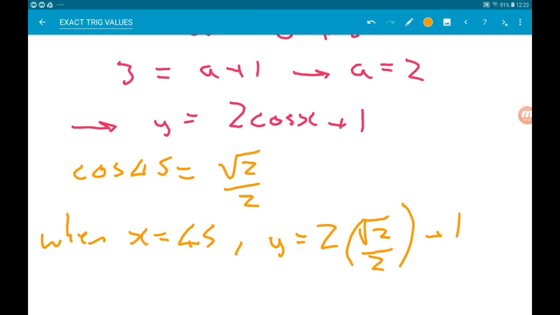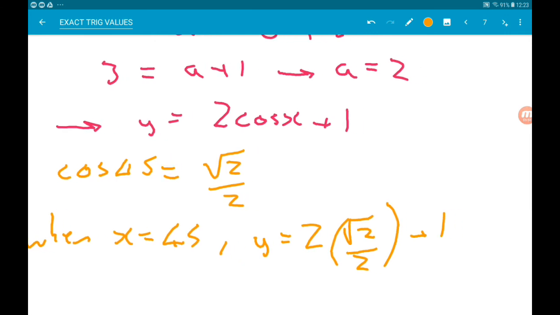Now we came up against this earlier, 2 times root 2 over 2 is just root 2. So this is just root 2 add 1.